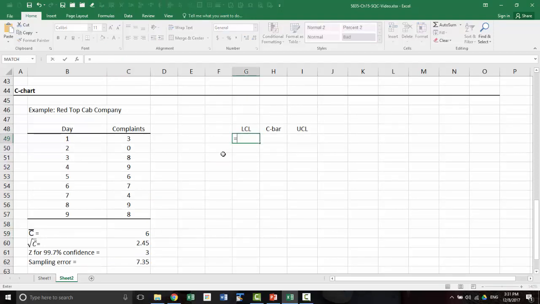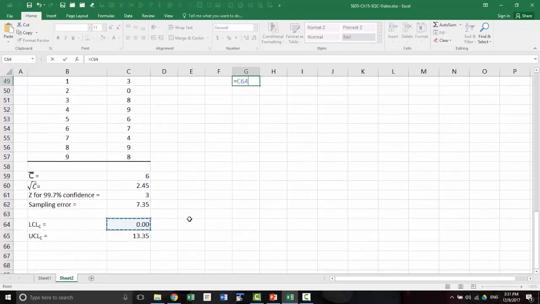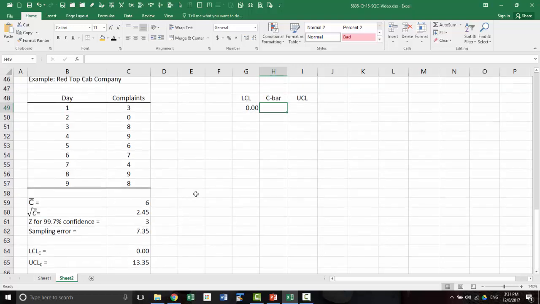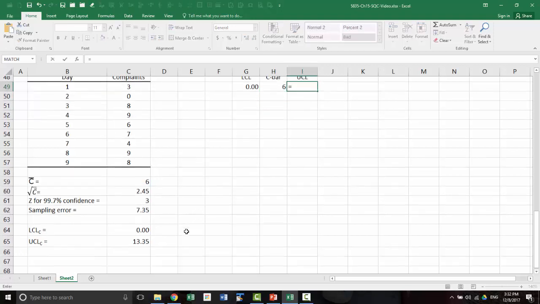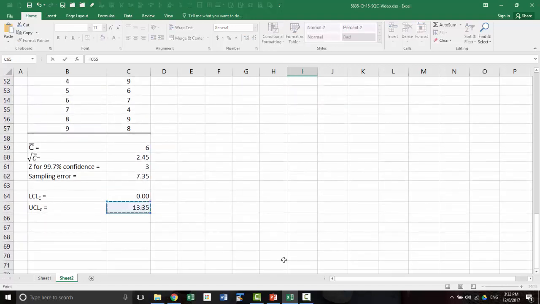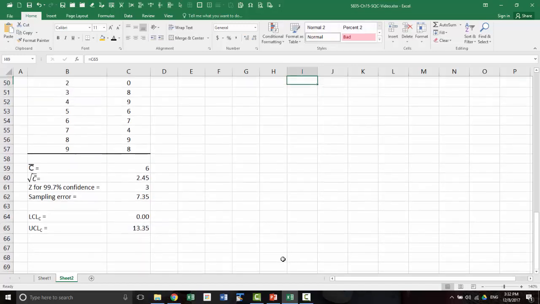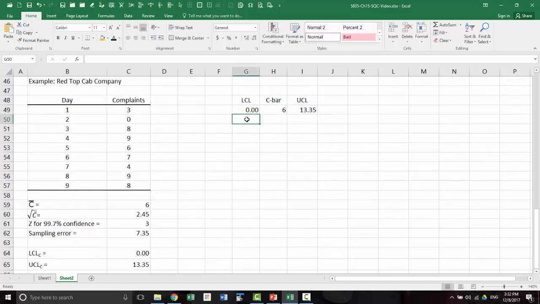And then we can set up LCL, C bar, and UCL, okay, upper control limit. Now we want the same number to repeat for each of the sample.